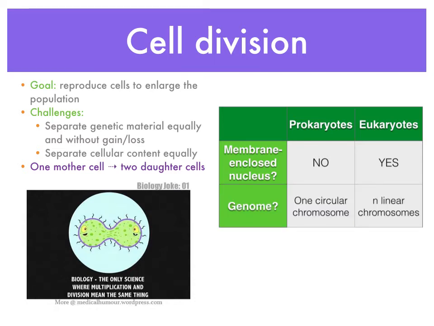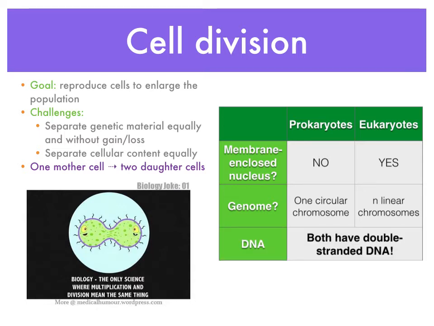The genome is also slightly different, because in prokaryotes you have only one circular chromosome, while in eukaryotes we have n linear chromosomes, so a certain number of linear chromosomes, but a number that is different from one. And DNA, however, is the same in prokaryotes and eukaryotes, so I decided to write that again just because it is a very common misconception.